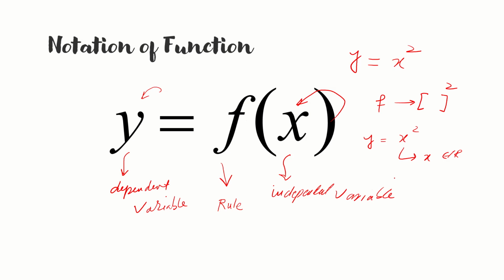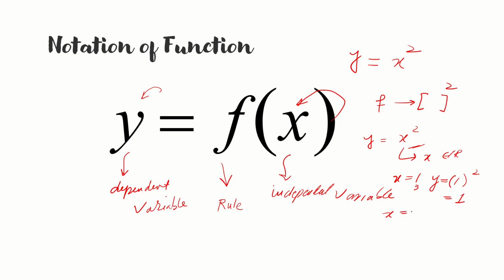So I can take x is equal to 1. Obviously I have the freedom to choose the value of x. If x equals 1, what would be the value of y? Can I take the value of y to be 2? The answer is no, because y depends on x and the correspondence as well. So I'll simply take 1 square, that is equal to 1.